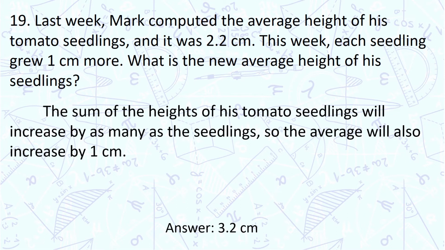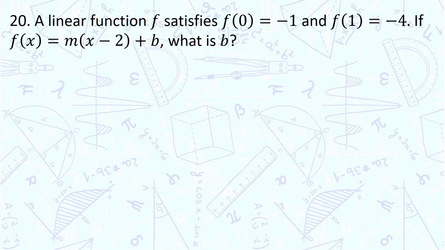Number 20. A linear function f satisfies f of 0 is equal to negative 1 and f of 1 is equal to negative 4. If f of x is equal to m times the quantity x minus 2 plus b, what is b? Let us substitute the values.